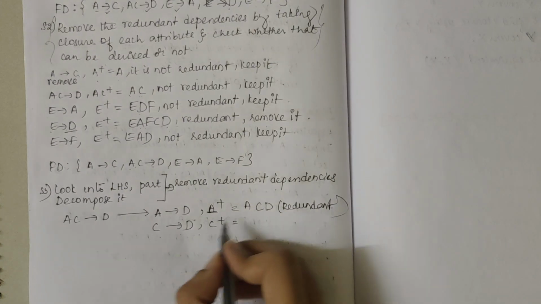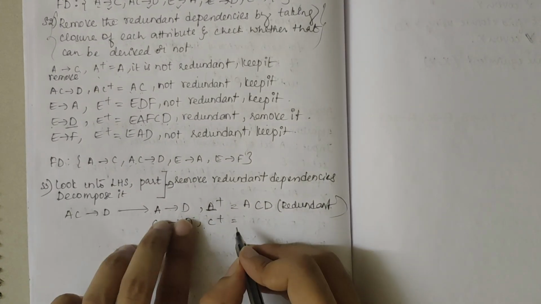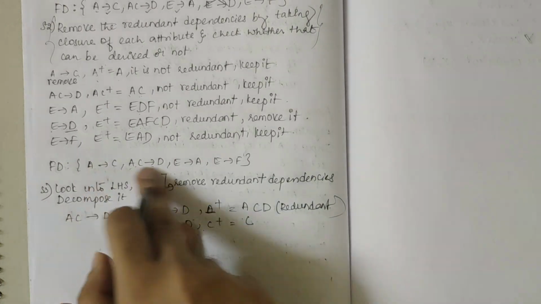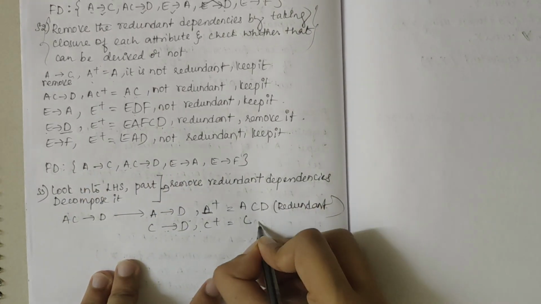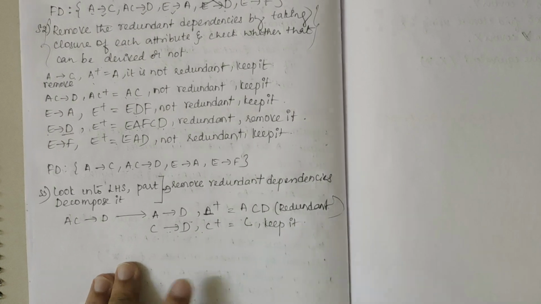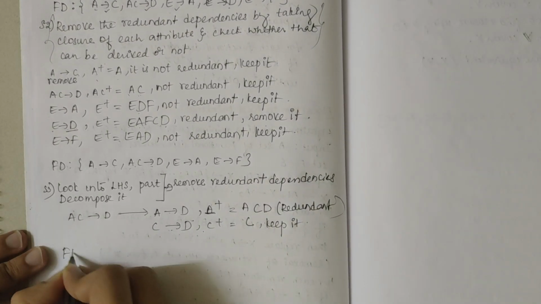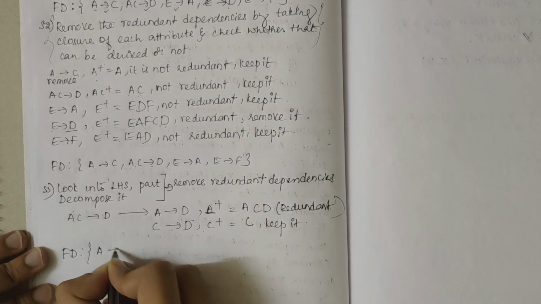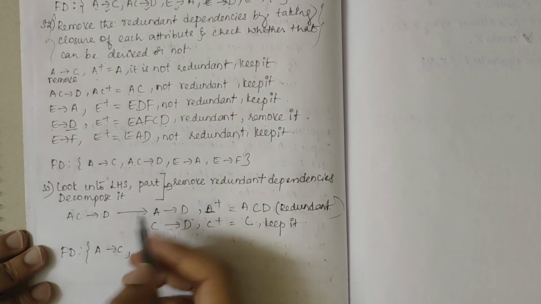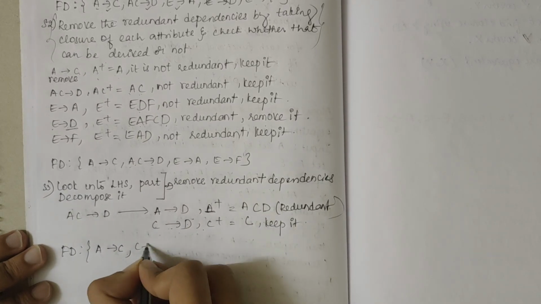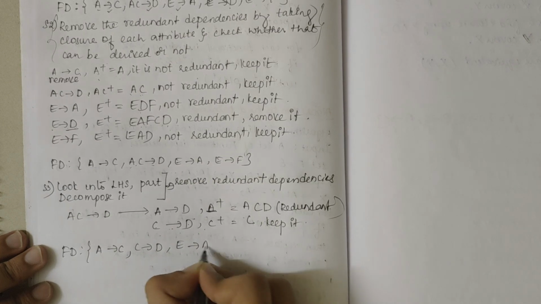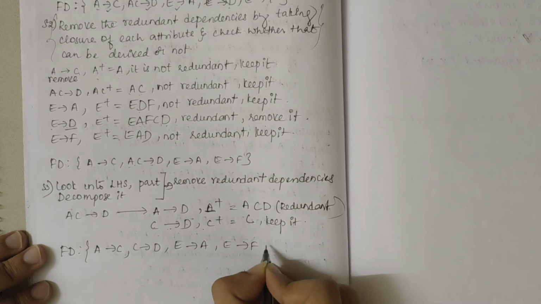So I need to remove this. C closure, close this. C closure first, write C. C determines anything? No. So this is a unique one. So keep it. Again, I'll write the updated functional dependency. I have A determines C, and out of AC determines D, I need to keep only C determines D, and then E determines A, and then E determines F.